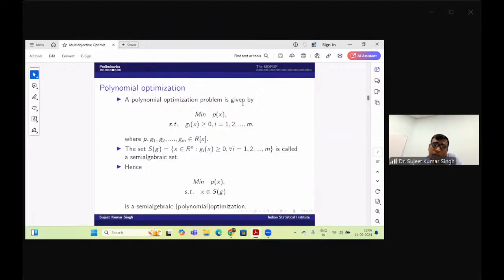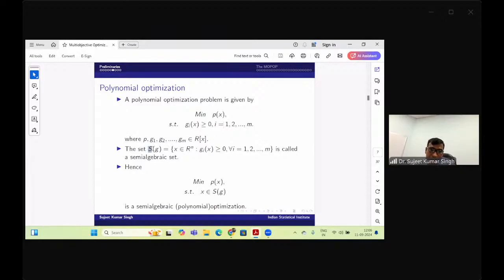A general polynomial optimization problem is given as: minimize some objective p(x) subject to constraints g_i(x) greater than or equal to 0, i equal to 1 to m, where p, g1, g2, ..., gm are polynomials in the ring R[x] of n variables.